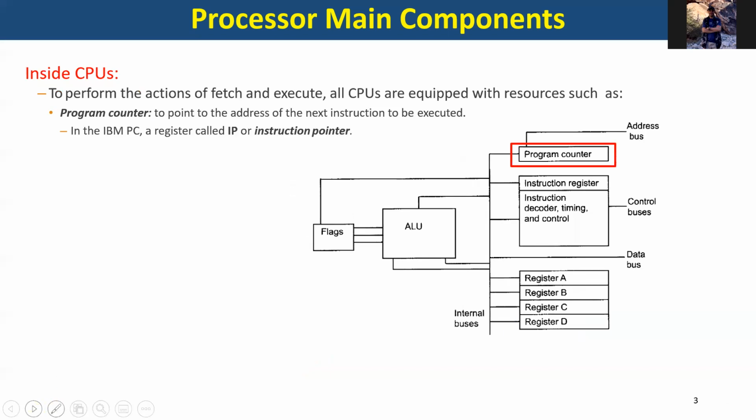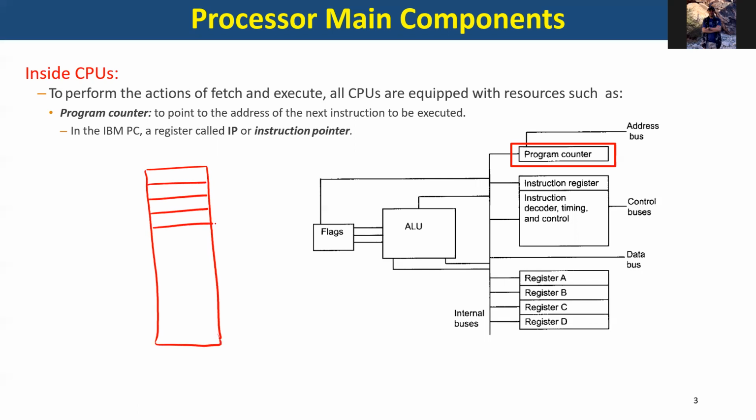Okay, the second component is what's called the program counter. The program counter, by the way, is another register, but this register usually holds a value. This value basically points to the next instruction that the computer will execute. So usually, if you have a memory like this, your program is stored in the memory. And the memory is usually, as you see here, guys, a sea of locations. You have many locations here in this memory. So you might have an instruction here, another instruction here, another instruction here.